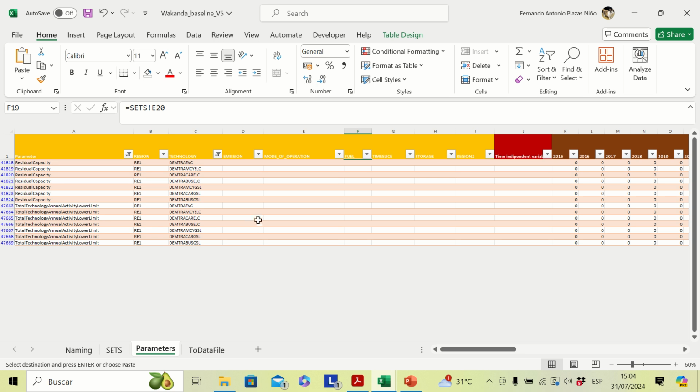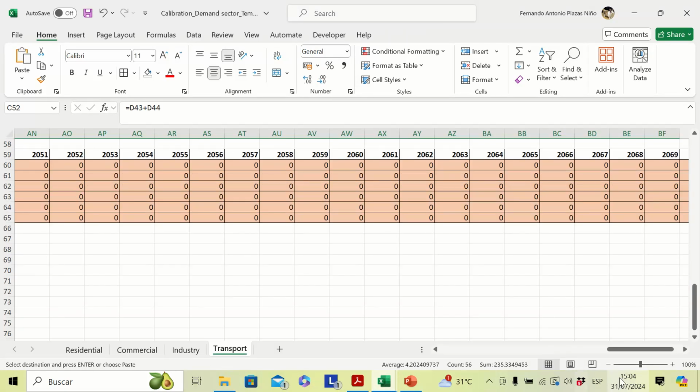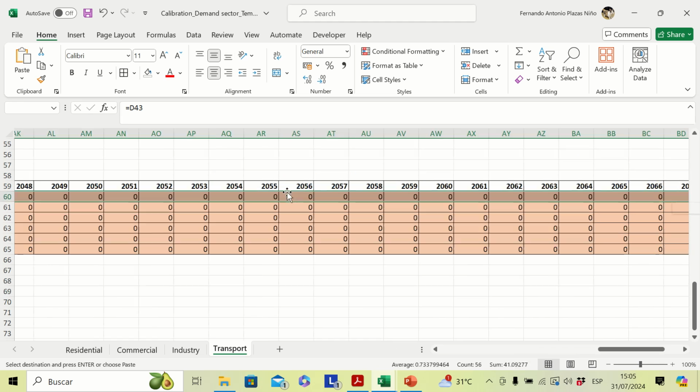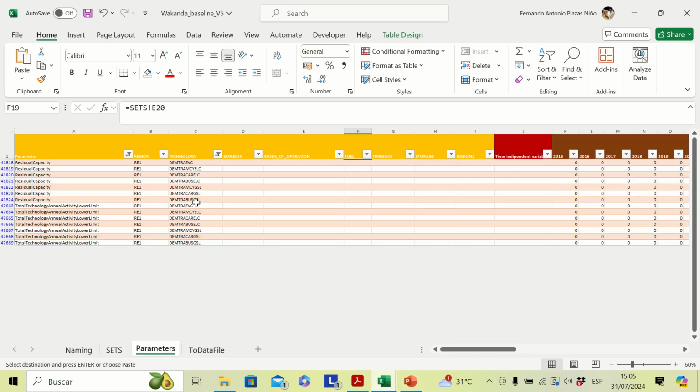Here we need to take care of selecting the correct technology. For example, if we go to our template, we can find the cars fueled by gasoline, so we can select these values, then go to our starter data kit.